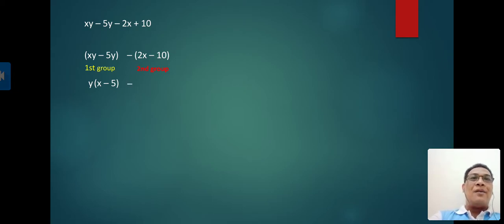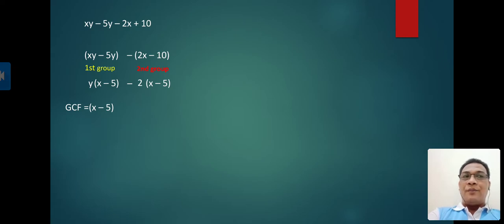Next, minus 2 is common to the third and fourth terms, or your second group. If I divide 2 from your second group, we get x minus 5. In this case, your GCF is x minus 5.